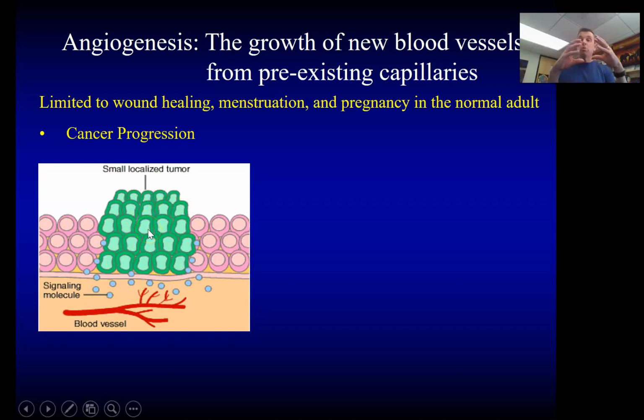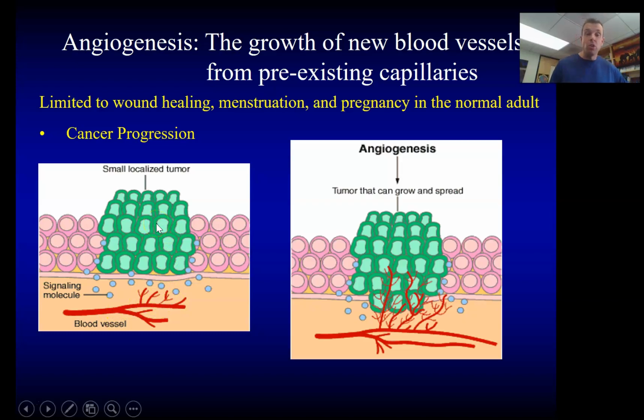It's going to eventually grow too big for the oxygen and nutrients from the established vascular system to really feed it. And so in order to continue to grow, it basically has to cause new blood vessels to grow inside it. And it does this basically by accumulation of mutations. So these cells normally wouldn't secrete the growth factors and the chemokines that cause blood vessels to divide.